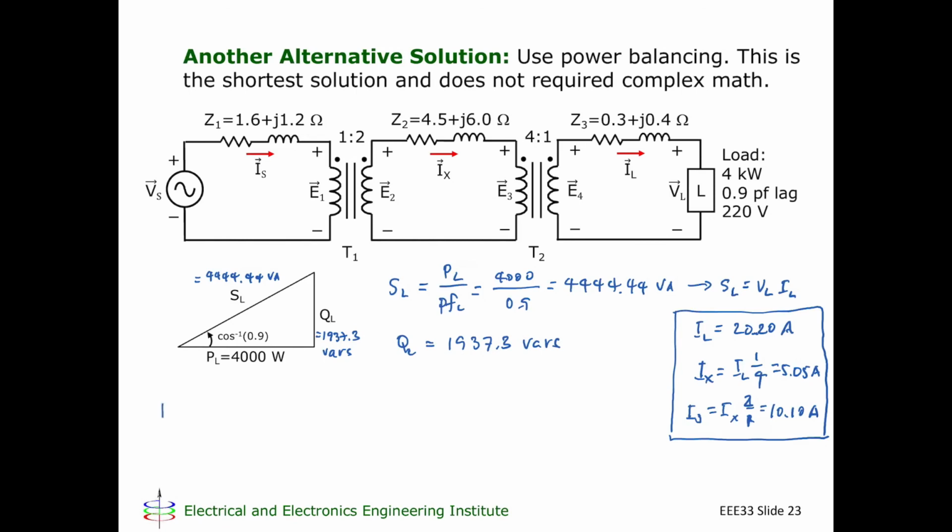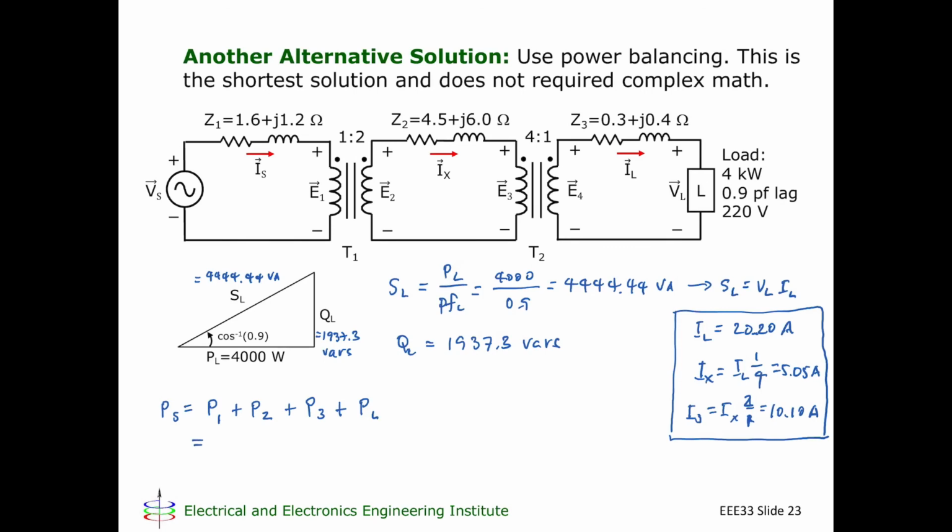So P of S will be equal to P1, whatever is lost in feeder 1, plus P2, whatever is lost in feeder 2, plus P3, plus P of L. But what is P1?